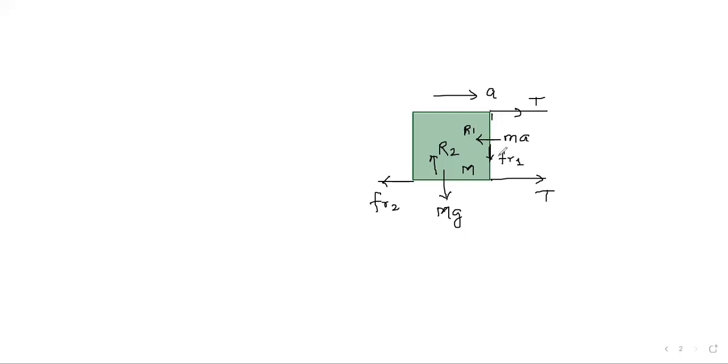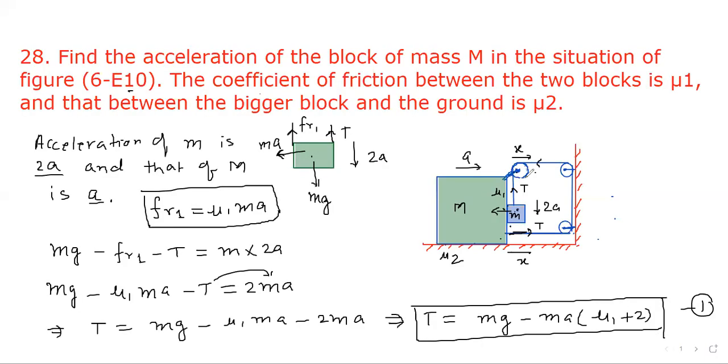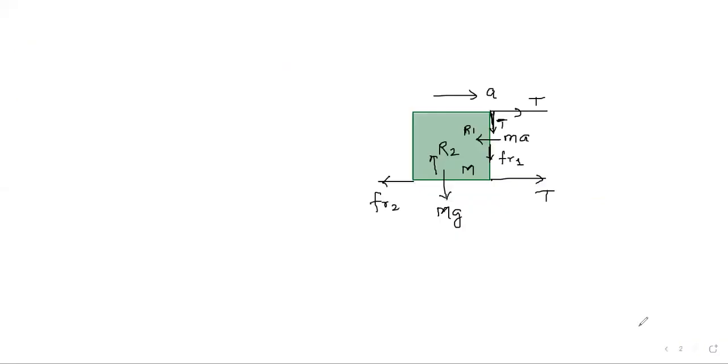And there is tension in the string also in the same direction, T, as you have seen here. If this tension is action, then there must be a reaction force also. So tension is in this direction, this tension will be in this direction, this tension will also be in this direction. So we have got all forces.